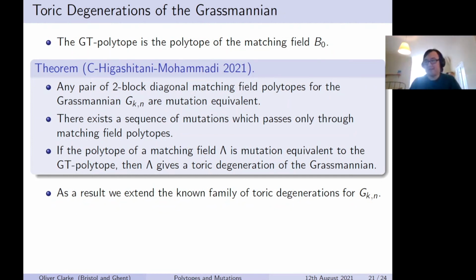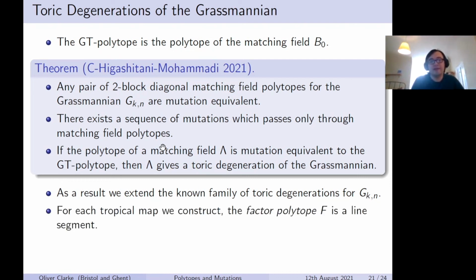And the other thing to note is, what kinds of tropical maps did we use along the way? The kinds of tropical maps we used here were actually quite simple to write down. If you recall from the definition of a tropical map, it has two parts.